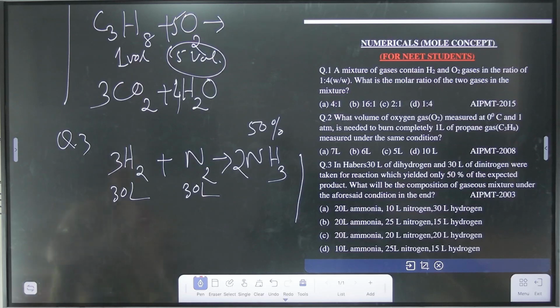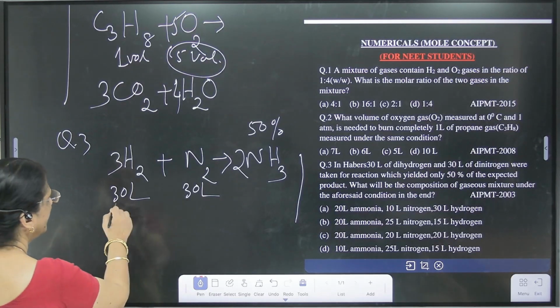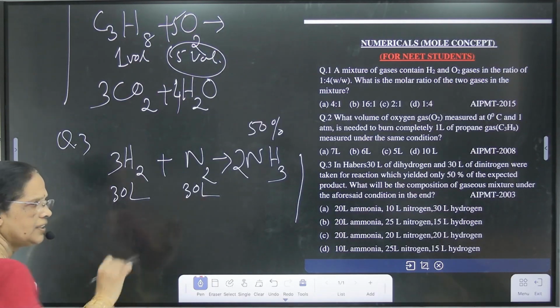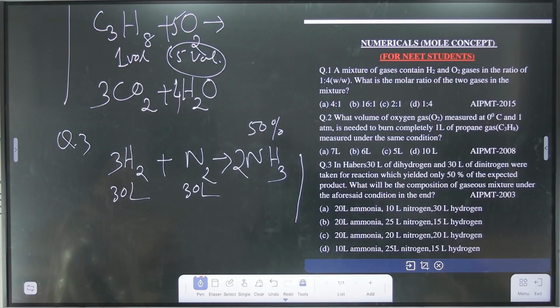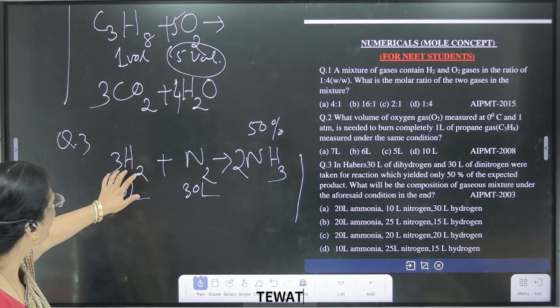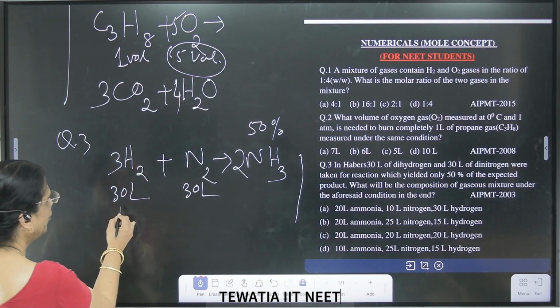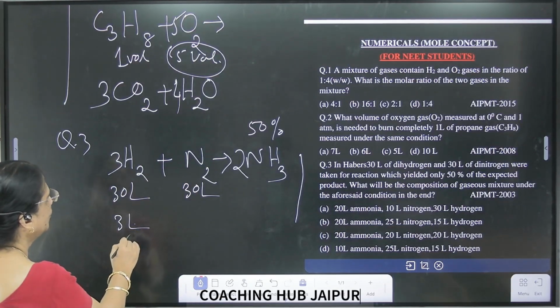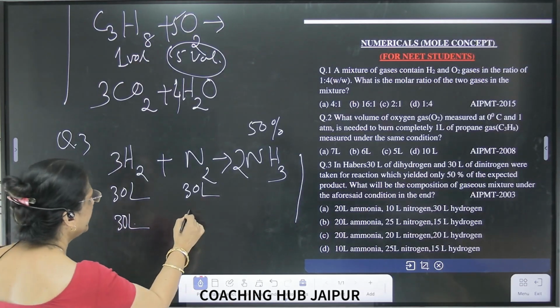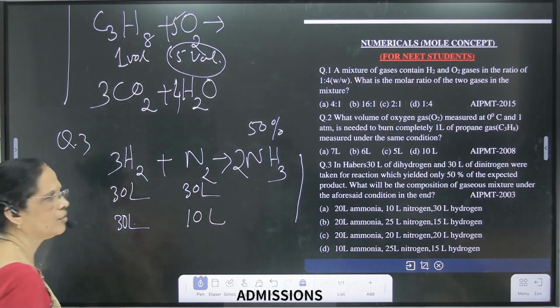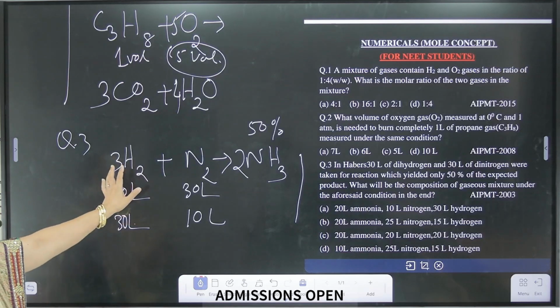Now, if you see, both are taken here, 30 liter and 30 liter. Obviously, one is in excess because only 3 moles react with only 1 mole. So 30 liter of hydrogen will react only with 10 liter of nitrogen because the ratio shows 3:1.